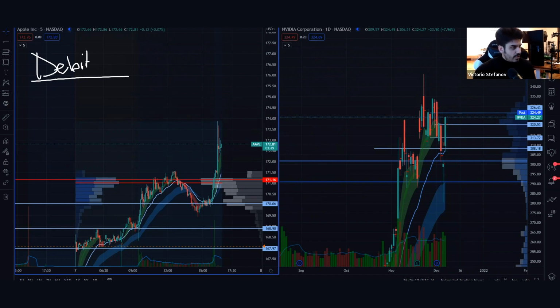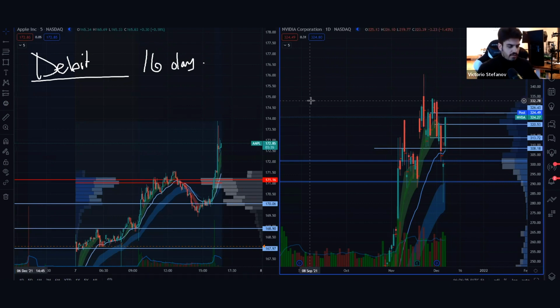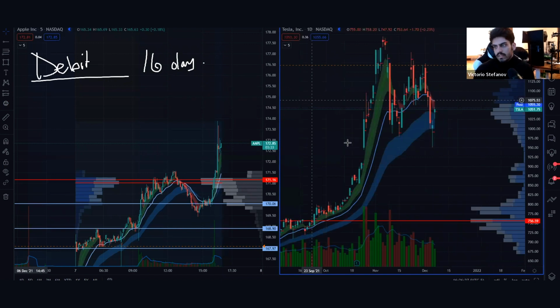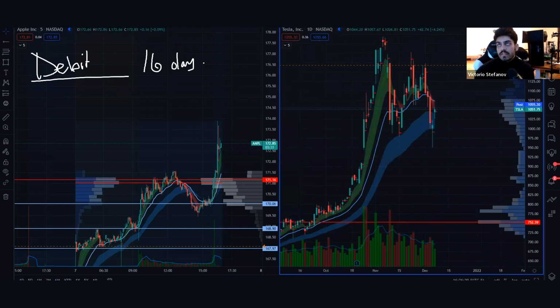I'm looking at a contract on Tesla and I want to go December 23rd, which is in 16 days. Now, Tesla is currently trading here. We can take a look at it. Tesla is currently trading at 10.55, approximately after hours.